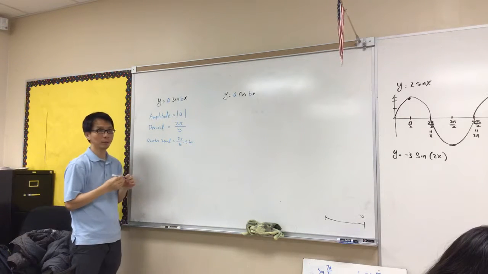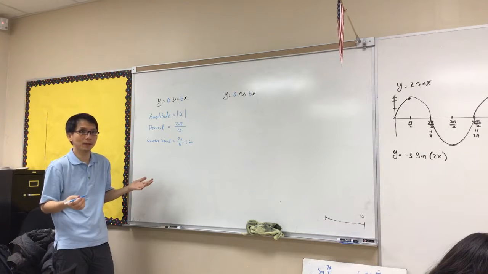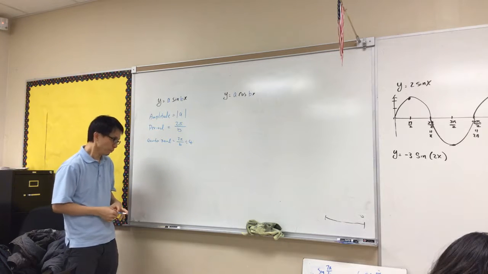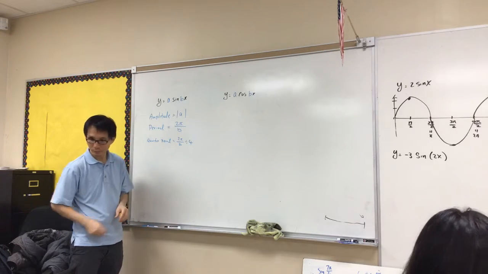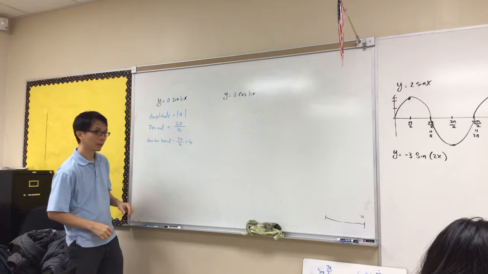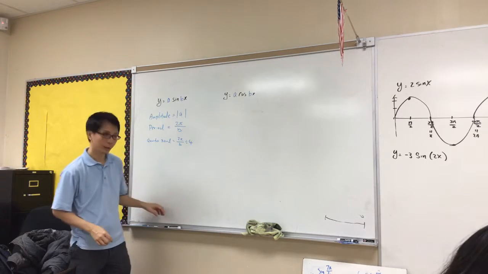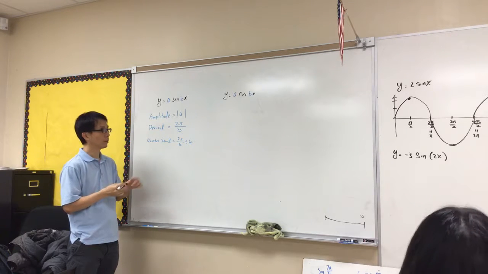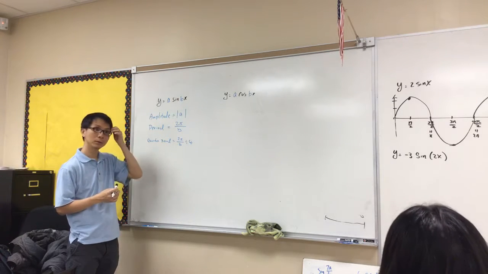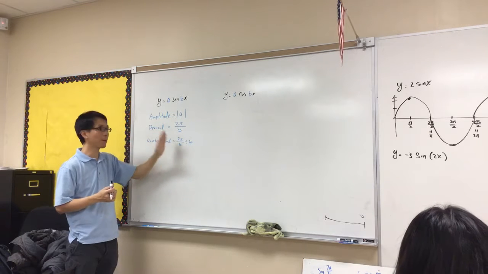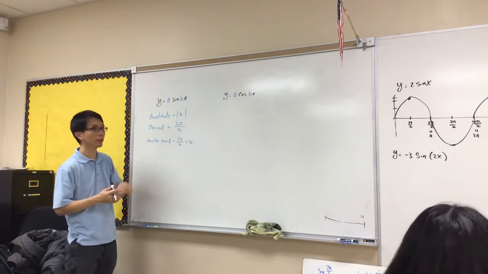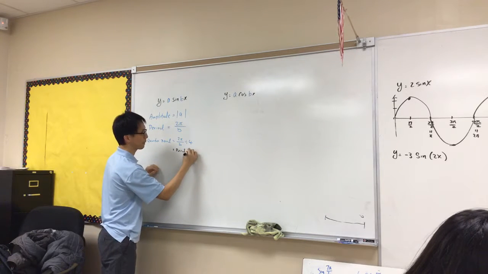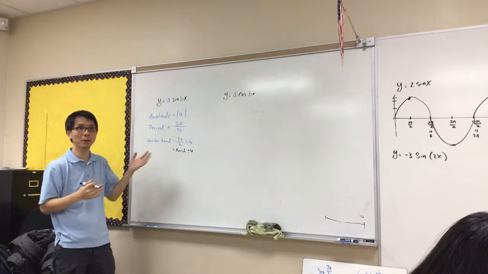If one period is a period, quarter period is the period divided by 4. Okay, so always divided by 4. Does that make sense? Whatever period you got, divided by 4.